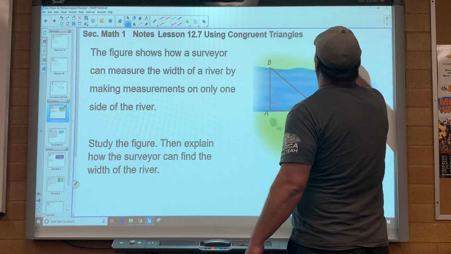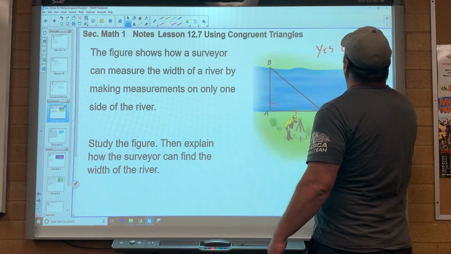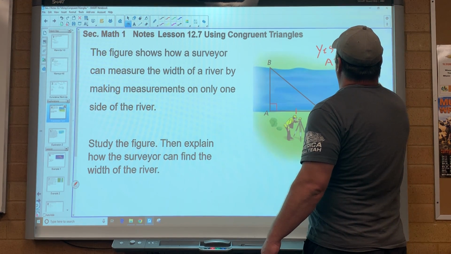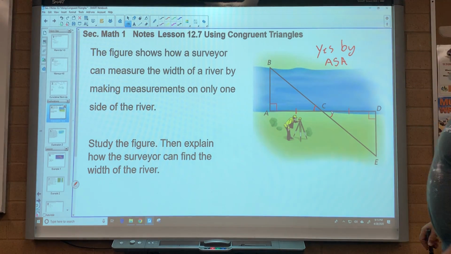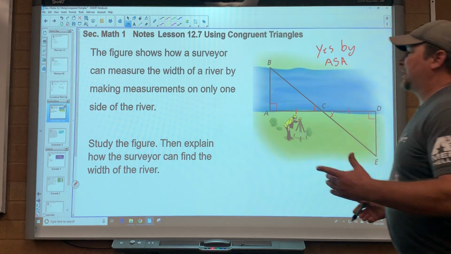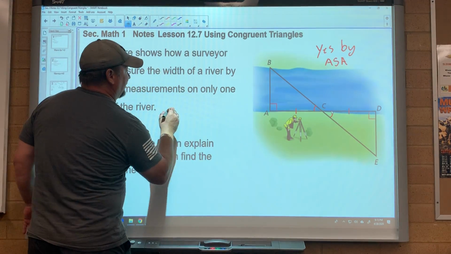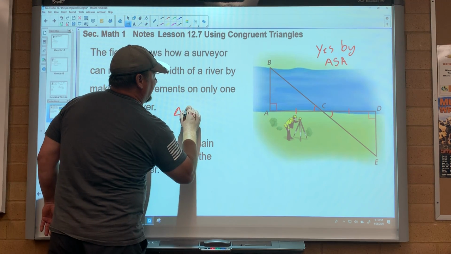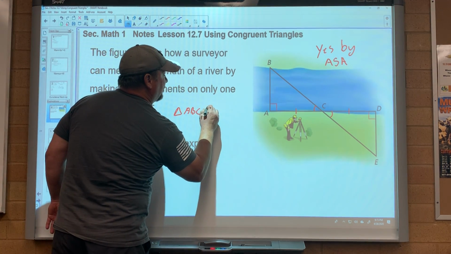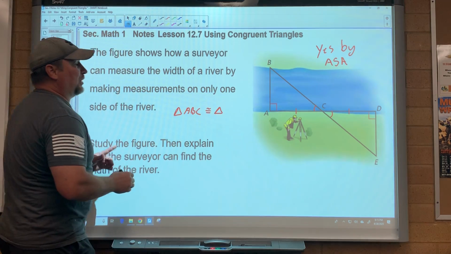So this is yes by angle, side, angle. And the two triangles are congruent because we have a statement now that we could say triangle ABC is congruent to triangle DEC. Now watch.